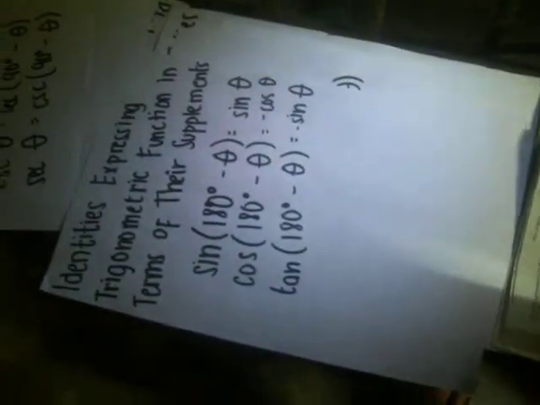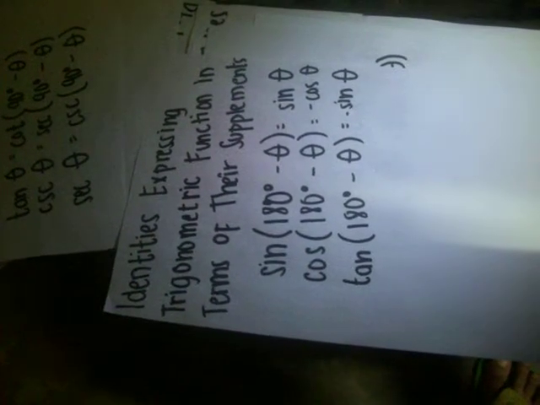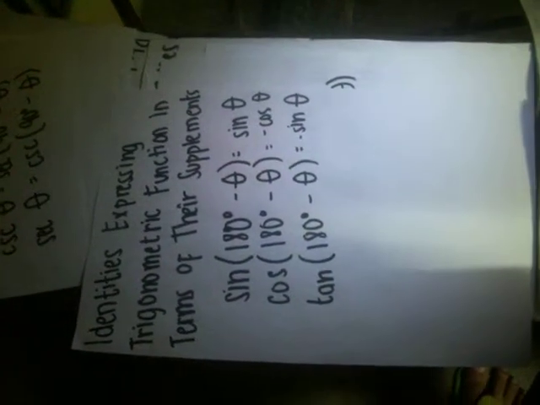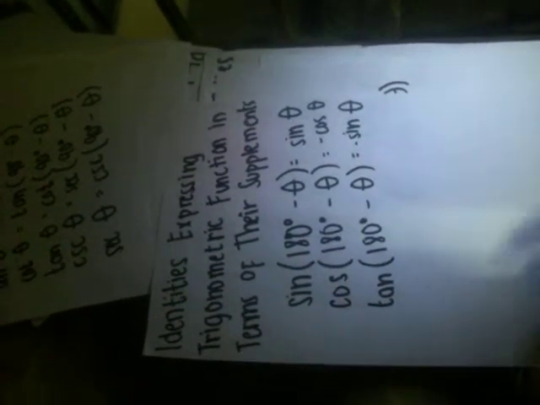The next is identities expressing trigonometric functions in terms of their supplements. It is almost similar with the previous. However, you will notice here that the trigonometric function of an angle is just the same for its supplement, except for some functions whose signs may be interchanged.